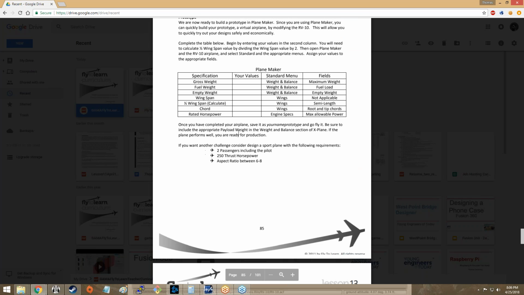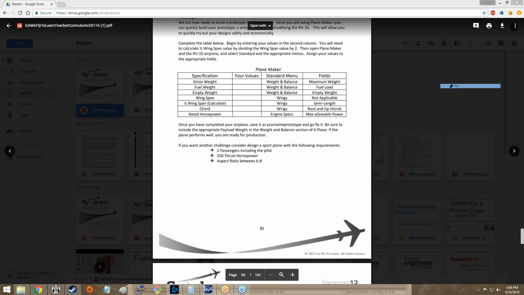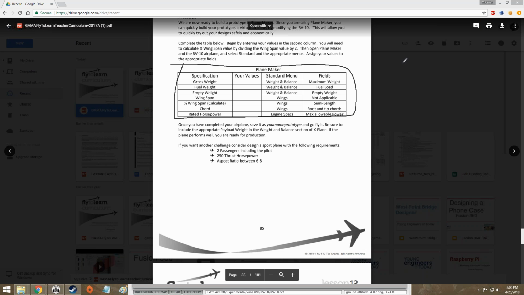So what I challenge you guys to come up with is basically fill out these fields here with those starting requirements. And I'll give you guys about half an hour to do it.